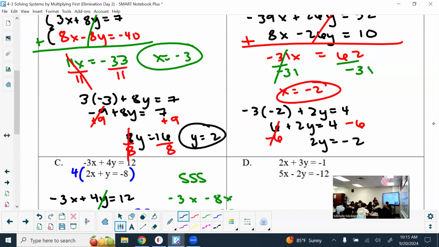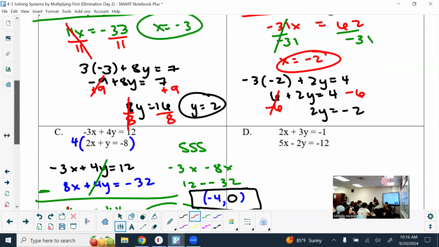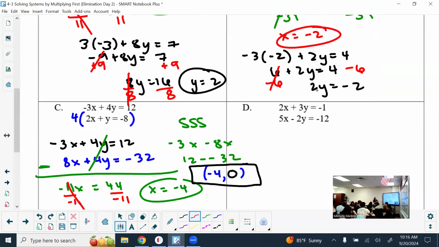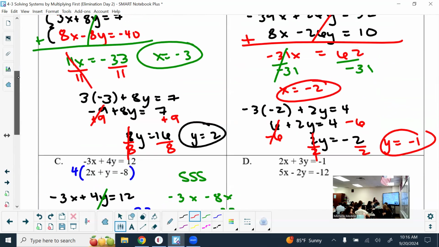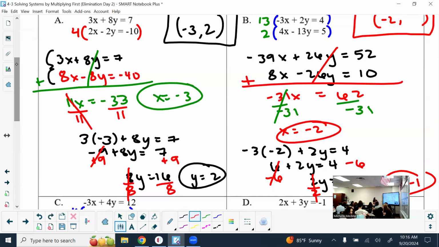And what would I do to cancel out the 2? Divide by it. And then y ends up equaling negative 1. Pair them together to be written as a pair.